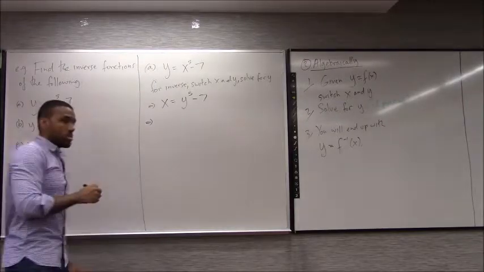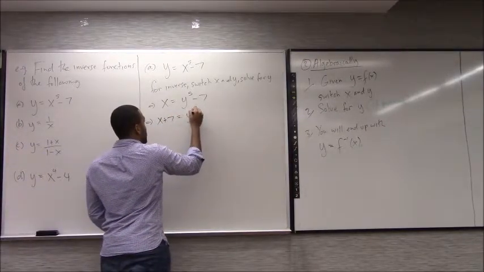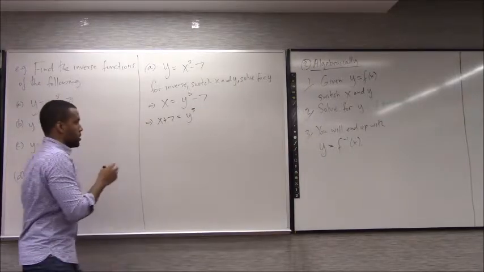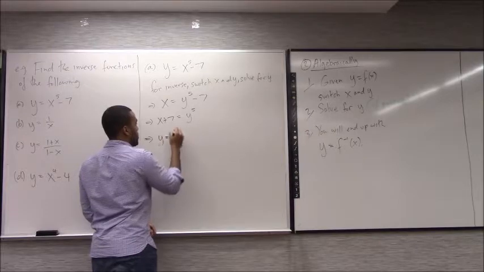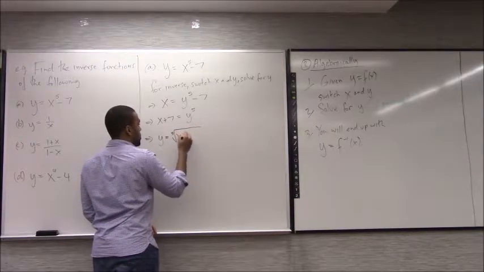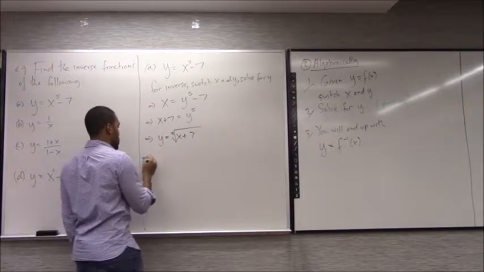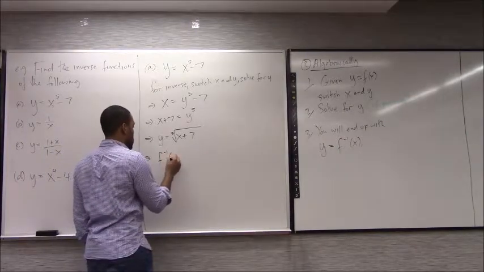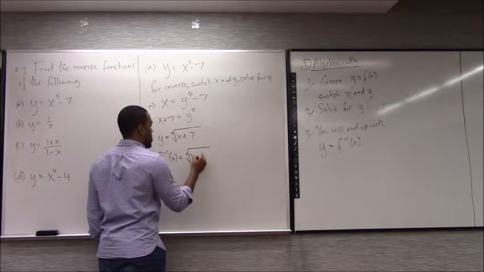This means your y would be the fifth root of x plus 7. This means f inverse of x would be the fifth root of x plus 7.